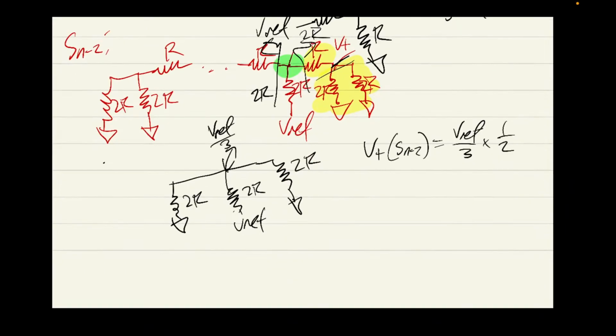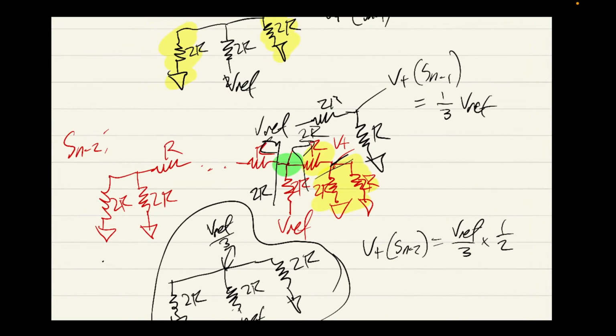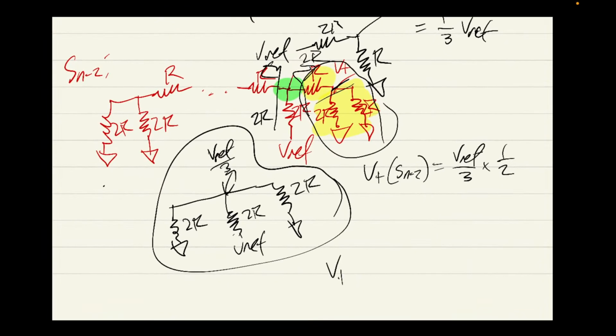And we put this all together with this little pattern of, okay, we always get this funky voltage division to get 1/3 of Vref, and then a consequent number of voltage halvings on the right-hand side of it. We end up with V plus from Sk, I'm going to use K, equals Vref on 3 times 1 on 2 to a certain power.